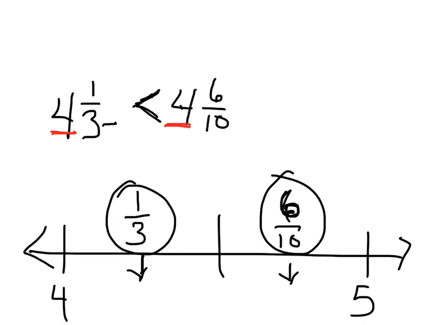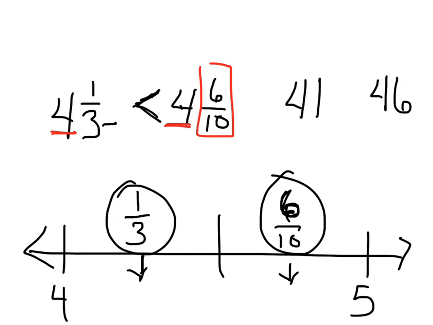And in this case, 6/10 is the bigger fraction. I'm going to use my bigger numbers example here, right? If you had 41 and 46, you see that the tens place is the same. So you look at the ones place, and 6 was bigger. Okay? So that's how you can compare fractions and mixed numbers.